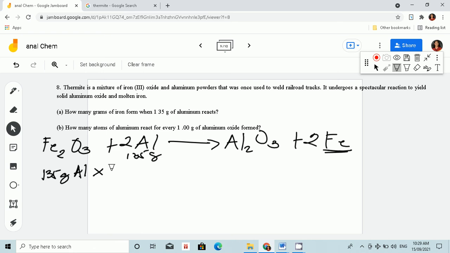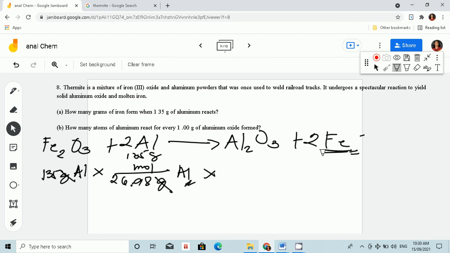So we will write 1 mole. Since it's 2 here, 2 moles of aluminum will also yield 2 moles of Fe. So now we have mole Fe per mole aluminum.